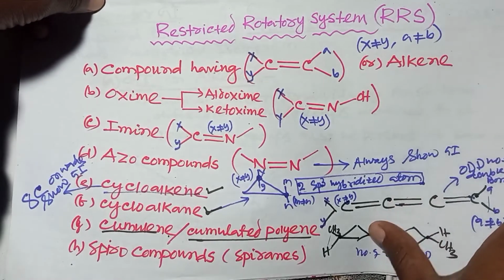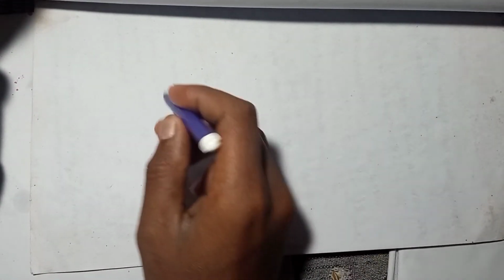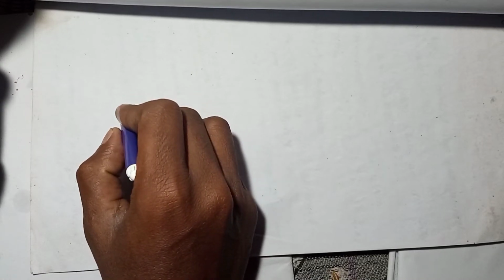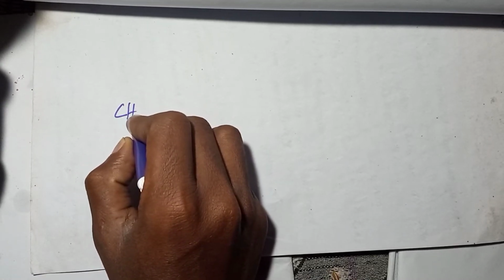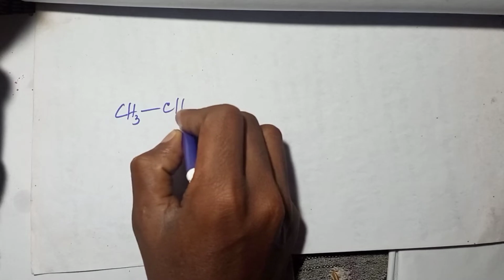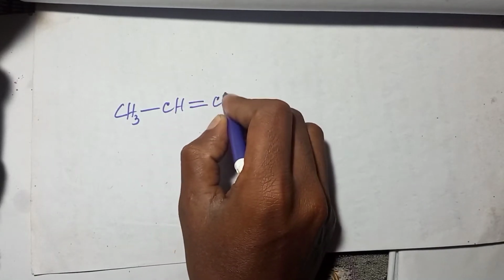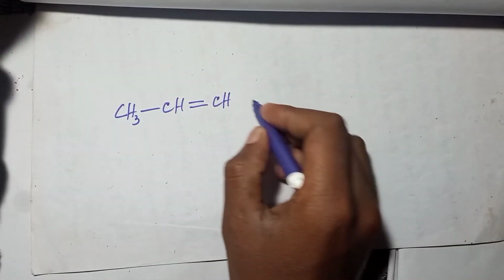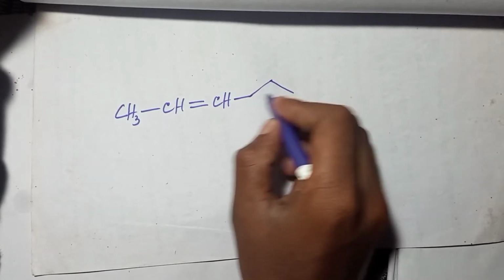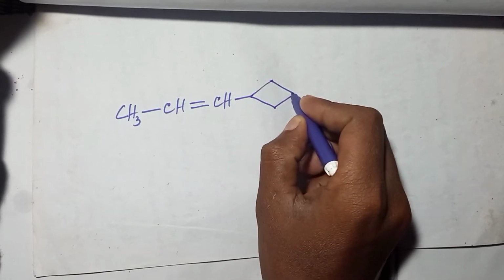So let's see an example. Let's say I have a compound like this: CH3 CH double bond CH, and then a cyclic part like this.